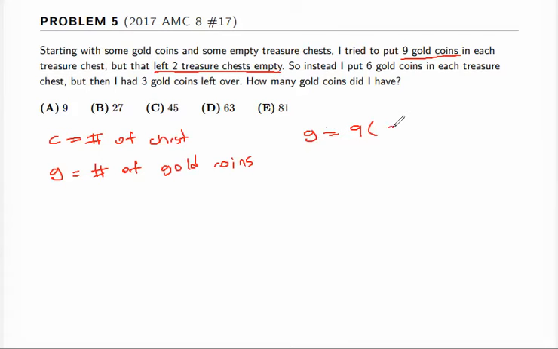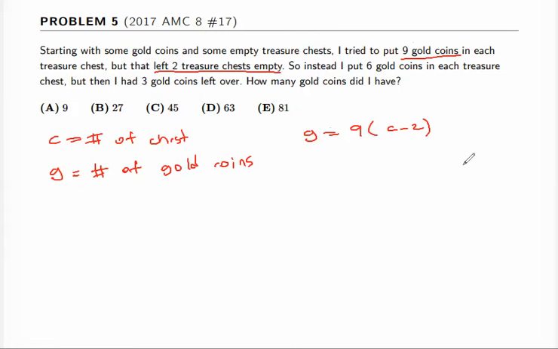It has to be C minus 2, because the number of treasure chests is C, but 2 of them are empty, which means only C minus 2 of them will be filled with those gold coins. So G, the number of coins, should be 9 times (C minus 2).